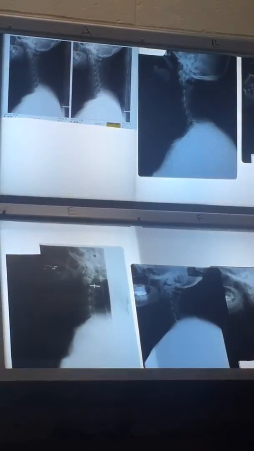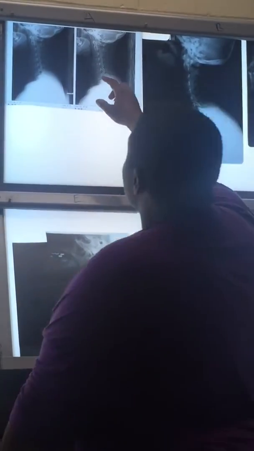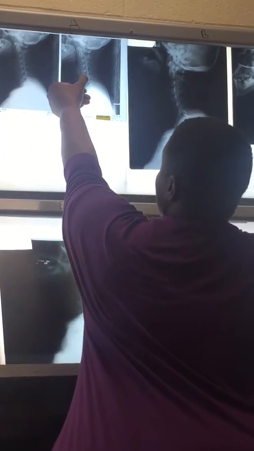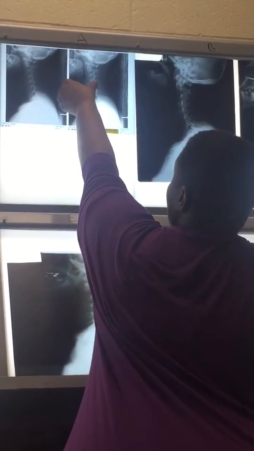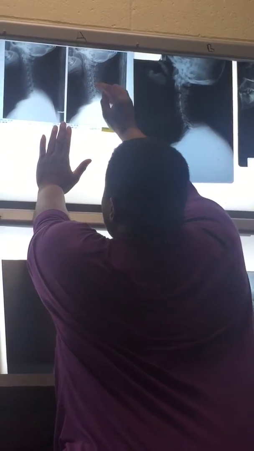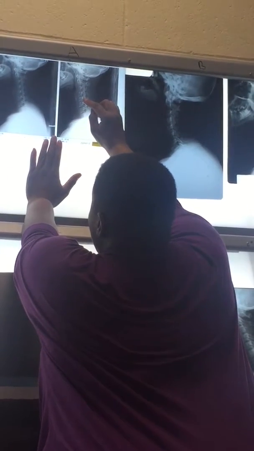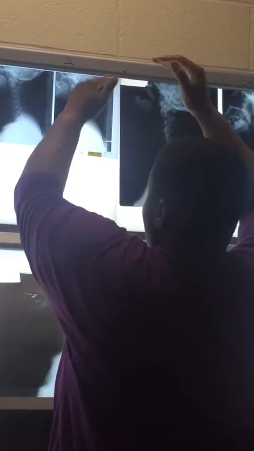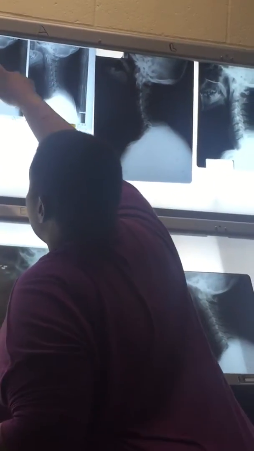You won't have to know which one it is, but you do need to know those are the zygapophyseal joints. If I have you mark which process is which, this is going to be the inferior articular process, and this is going to be the superior articular process. I won't have you name which zygapophyseal joint, but you will need to know that it's the articular process.